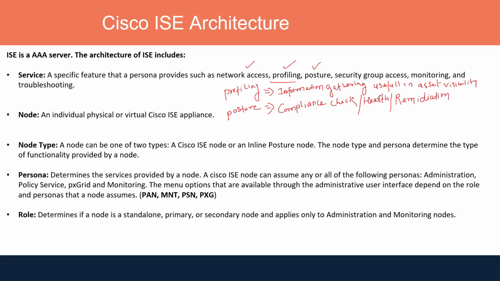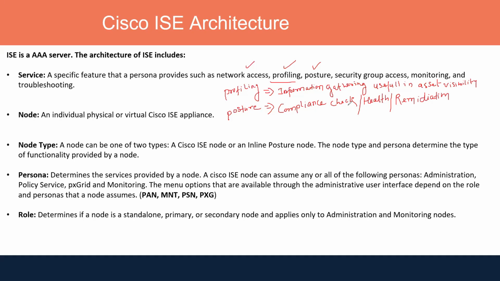What is the meaning of compliance? You are going to check whether the device connecting to the network is compliant. In the compliance policy, you might put the condition that antivirus services should be running and antivirus should be updated. Based on that, you are checking compliance and health.